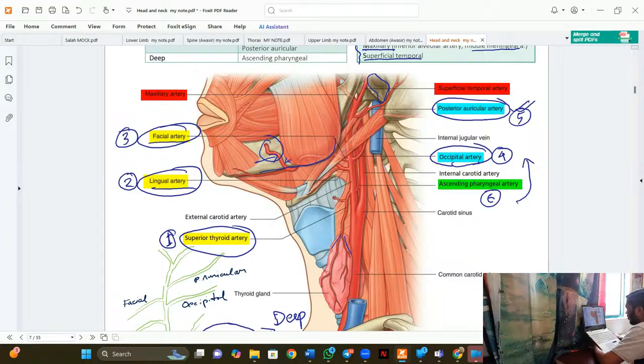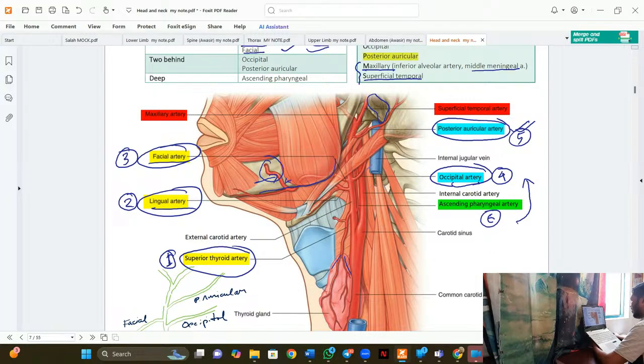My concept was that facial would be down because it is coming to the face, and lingual would be a little up to reach the tongue. But it is actually opposite. Lingual comes first, then facial. Maybe in that sense because the parotid is also a little up.